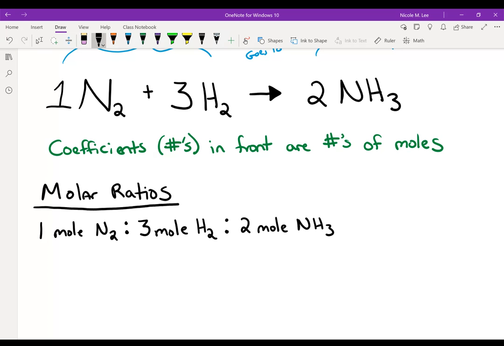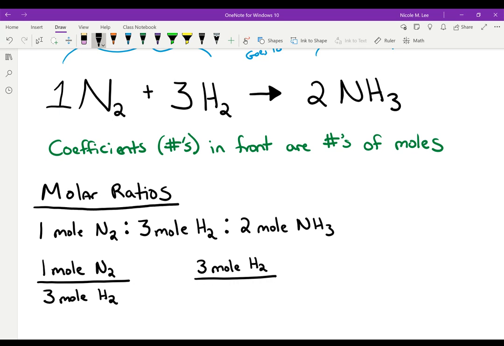Okay. Now, from your molar ratios, you can get conversion factors. And so for every 1 mole of N2, I have 3 moles of H2 that will react. Right? So you just write them as a fraction. For example, I could also say for every 3 moles of H2 that react, I will produce how much ammonia or how much NH3? Well, it would be 2 moles of NH3. Okay.